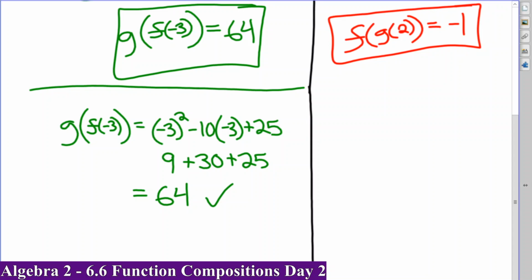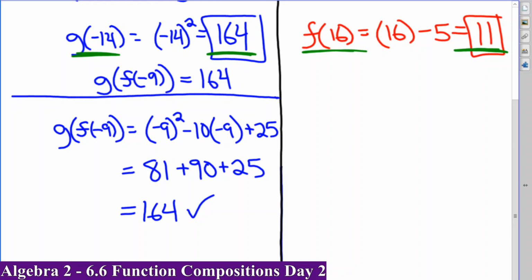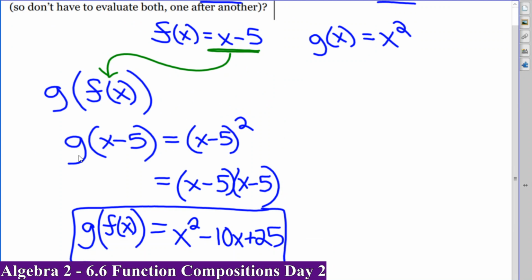If I plug in that equation that we found, I'm still going to get an output of 64. Same thing is going to be true with g of f of negative 9. We got an output of 164 when we solved it earlier, but if I apply it to that general rule we just found, we're still going to get an output of 164. So we know that that is the correct general rule for g of f of x.